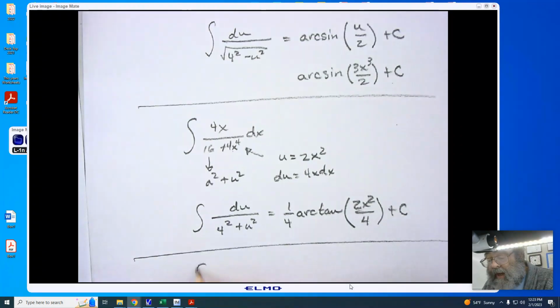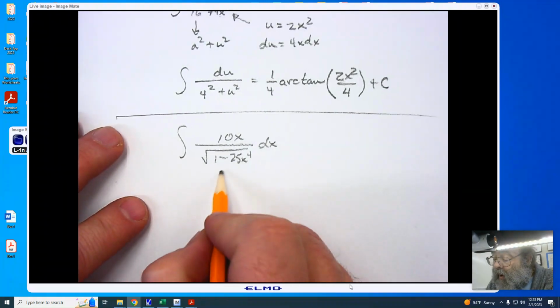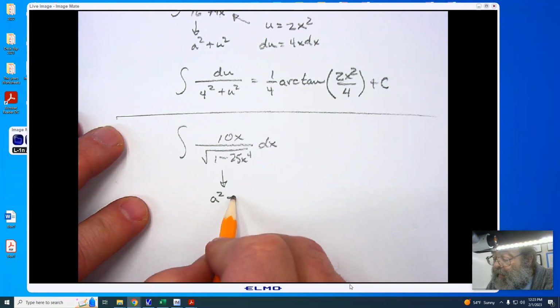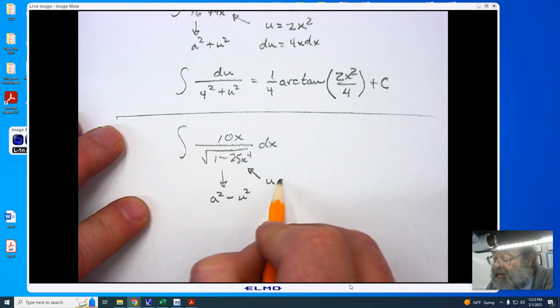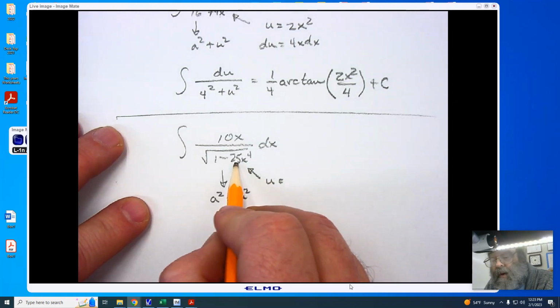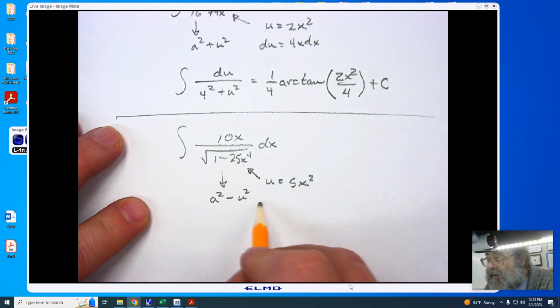Number 6, as I related to you before, was 10x in the numerator, and the square root of 1 minus 25x to the 4th in the denominator, times dx. Now, we're looking at an a squared minus u squared, so I want to find the u squared. U has to be the square root of 25, which is 5, and the square root of x to the 4th, which is x squared.